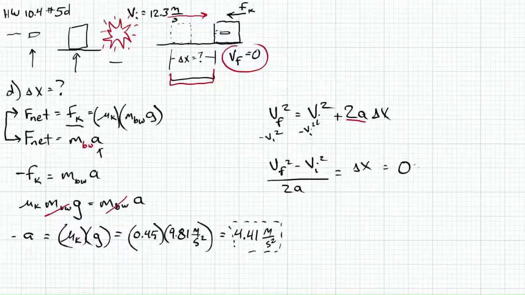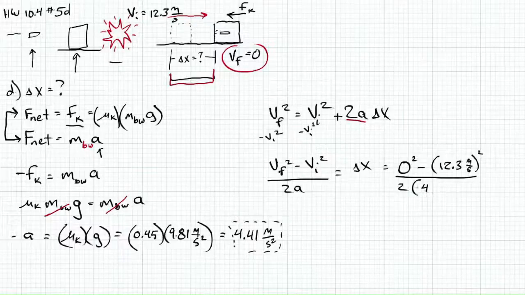So that's 0 squared minus 12.3 meters per second, quantity squared, divided by 2 times our acceleration, 4.41 meters per second squared. And that will give us our distance delta x, which should be 17.2 meters.